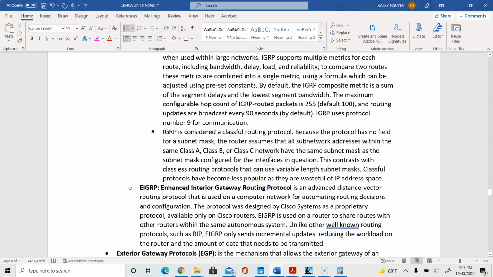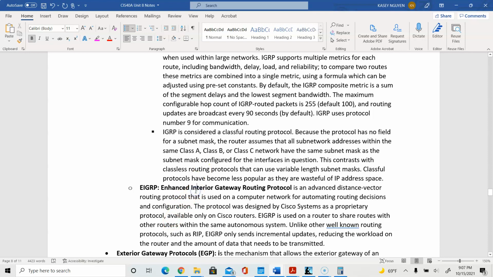Now, the subnet mask would then be configured at the interface level, compared to a classless routing protocol that can use variable length subnet masks, or VLSM. So classful protocols would then be required to be used in IGRP. So you cannot have a non-default subnet mask.